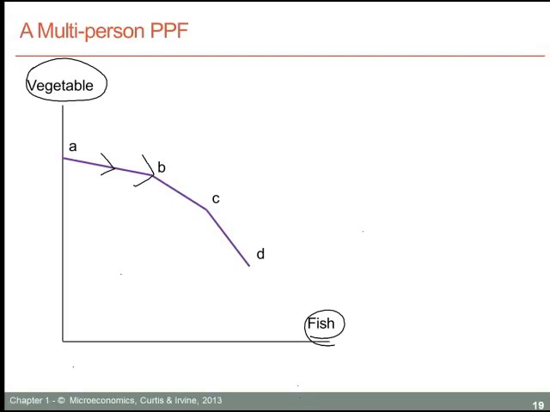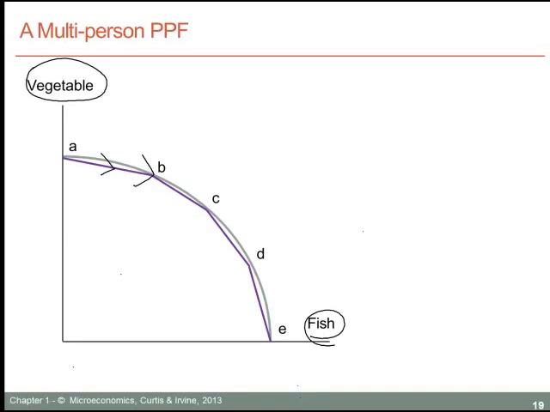And for the last individual, assuming there are just 4 individuals in the economy, if we have used all of the labor available to the first 3 individuals, then we finally bring into play the person who is least productive at producing fish, in the sense that if we reduce their vegetable production by a certain amount, their output of fish will be less than the output of fish of individuals 1 through 3. So this is the economy-wide production possibility frontier in the case where we have 4 individuals.